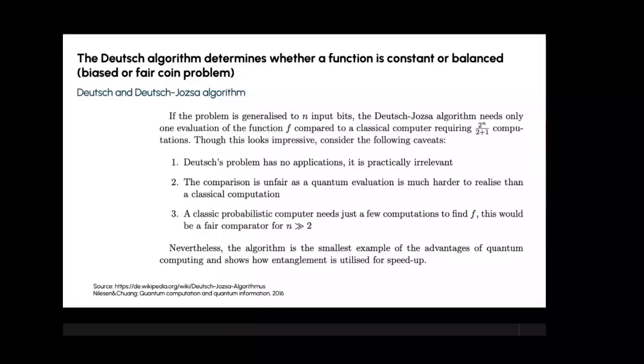That's point number 2. And also, if you take a classic computer and put in a random generator, then you actually do the following. You compute F several times, get the results, and estimate probabilistically whether the coin is correct.